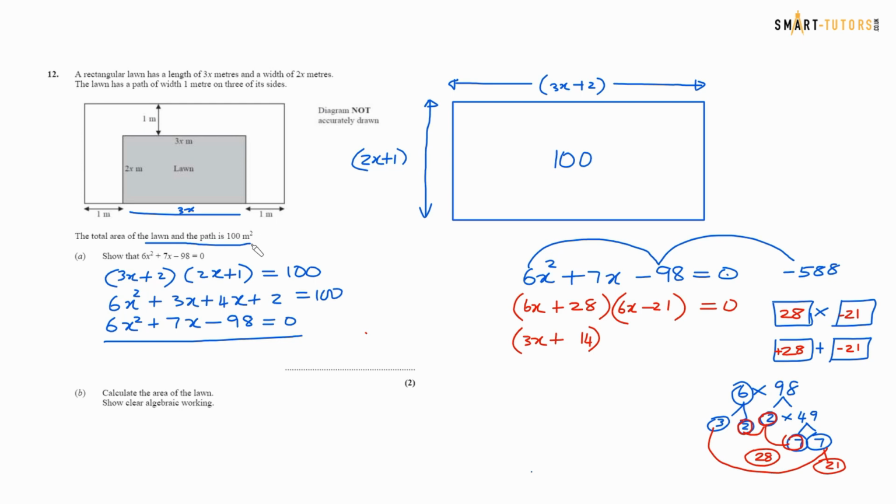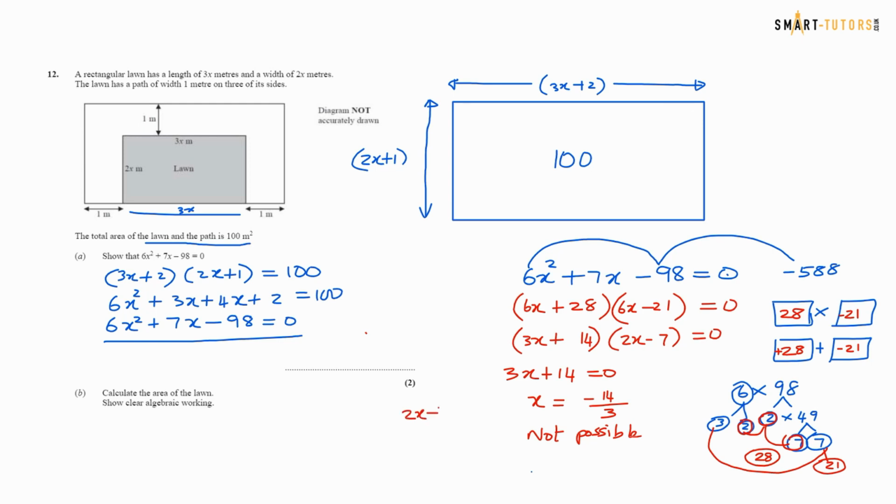The next one is 2x minus 7, because I divide by 3, 3 goes into 21 seven times. So equals 0. So 3x plus 14 equals 0, so x is going to be a negative answer, minus 14 over 3, not possible because length cannot be negative.